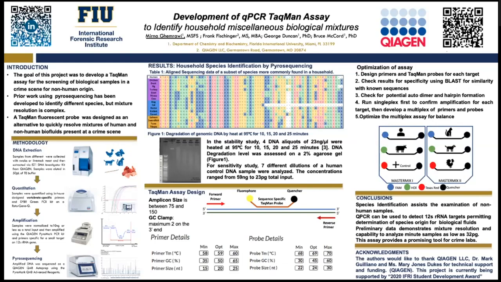There are kits that can quant DNA in general, but that can include bacterial DNA, a bunch of different DNA together, and it gives you the quant. However, I didn't find any readily available kit, to the best of my knowledge, that can quant just vertebrate-specific, because I don't want to quant bacterial and it tells me, oh, you have 100 nanograms, for example, of DNA, and it ends up being just bacterial DNA. And then I would be wasting my reagents when I do pyrosequencing.